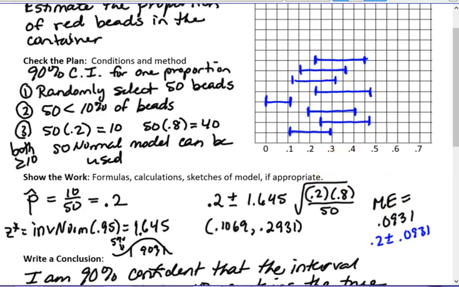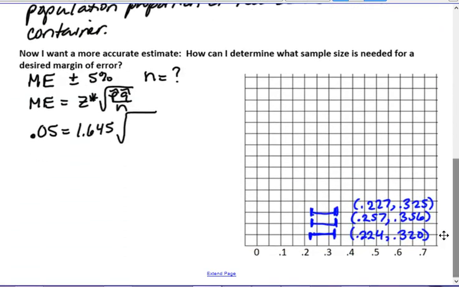It looks like all but one of the intervals cover this area here, so my population proportion is somewhere close to 0.3, maybe slightly less. But for the sake of argument, let's just assume a p-hat of 0.3 from my previous work.